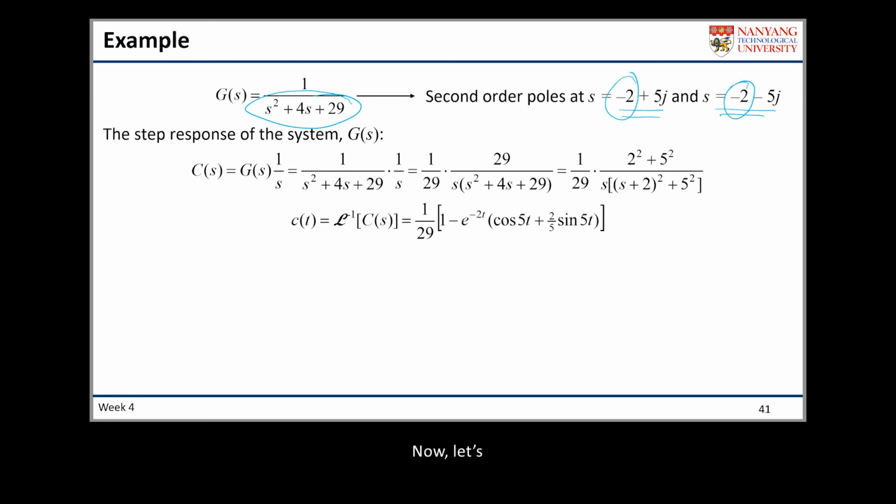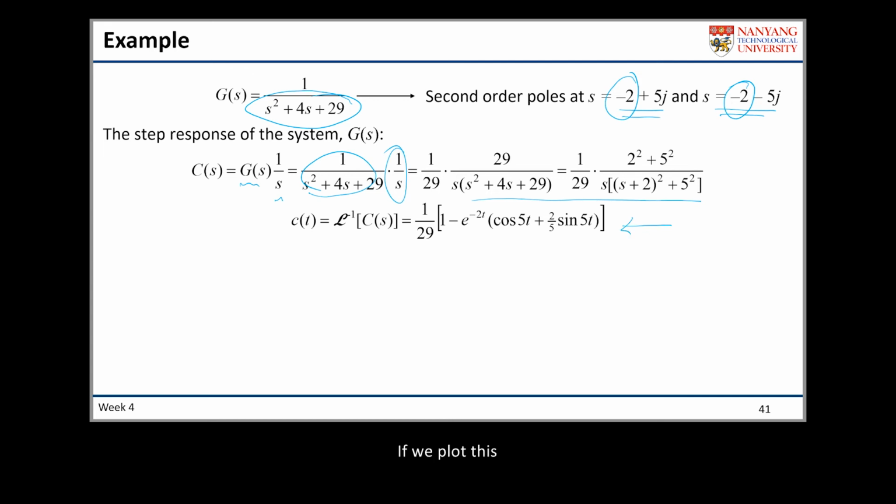Now let's evaluate the unit step response of this system. Same as before, to get the response, I have to multiply the transfer function with 1/s. This is the transfer function, and this is the input. Then we do the partial fraction expansion, and after that, we inverse it back to the time domain.